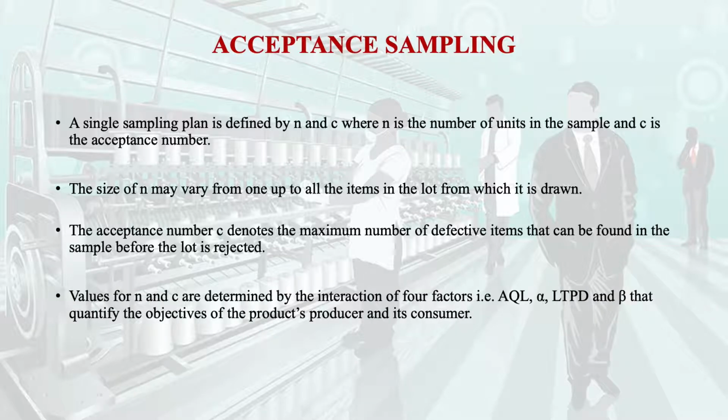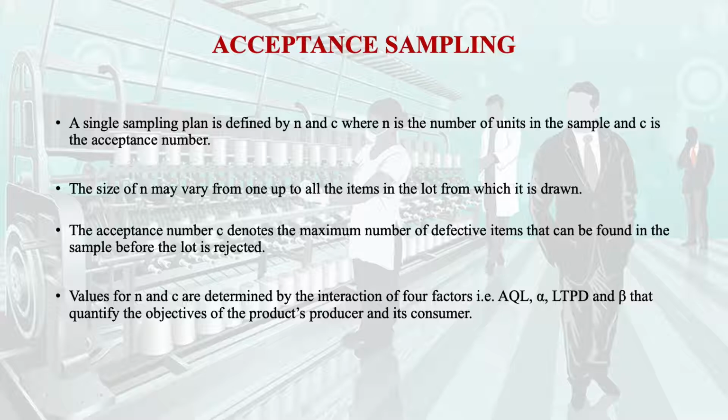Values for n and C are determined by the interaction of 4 factors: AQL, acceptable quality level; alpha, that we will discuss; LTPD, lot tolerance percentage defective; and then beta. That we will decide, and on the basis of that we will determine the value of n and the value of C.